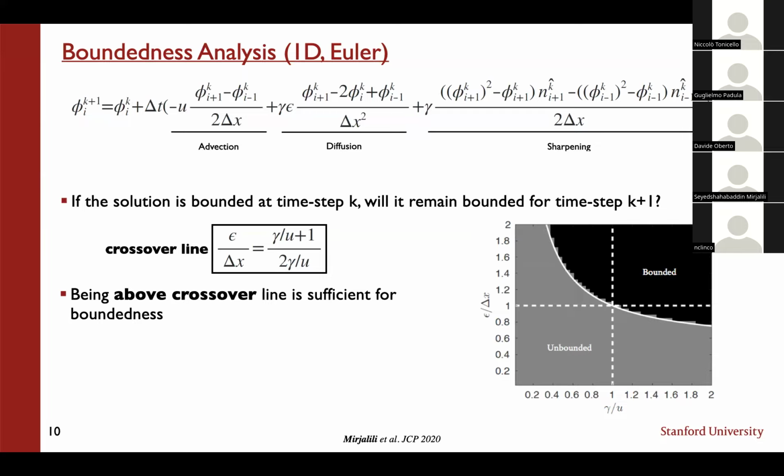I skipped that slide, but the highest time step values that you get are on this ridge in terms of CFL conditions, because the sharpening term also enforces a time step restriction. So there's a time step restriction due to diffusion. There's one due to sharpening. When they are equal, you get this line. So you get the maximum time step there as well. Yeah. Thanks.